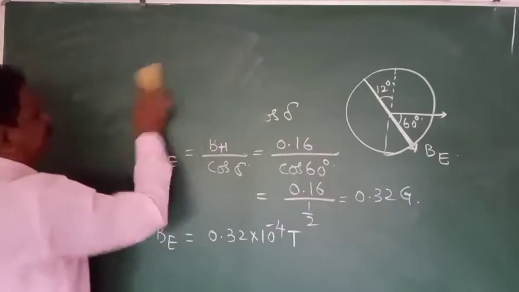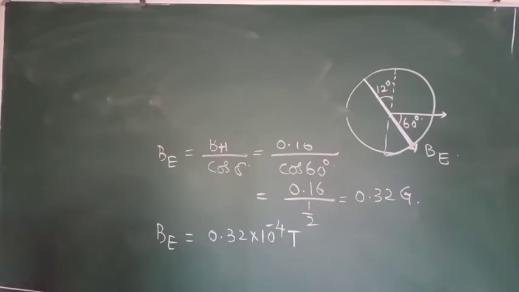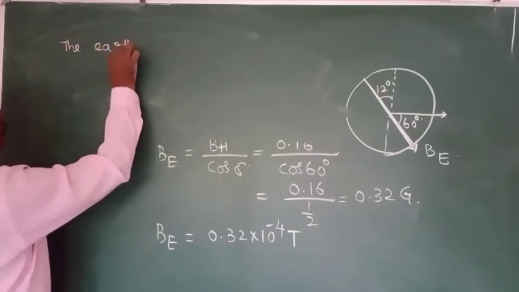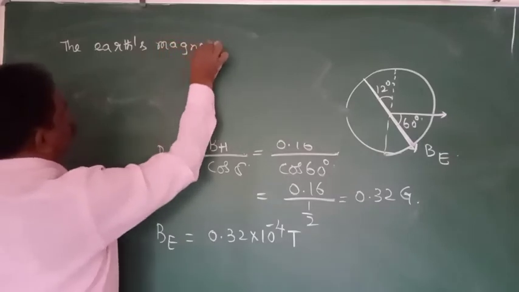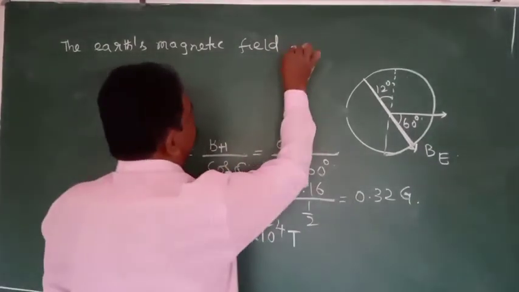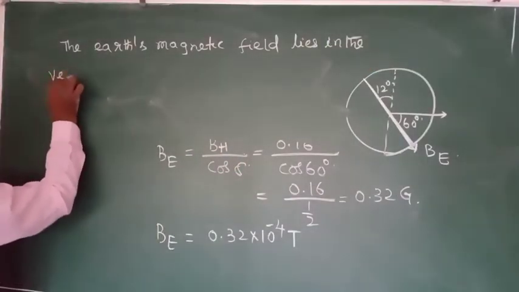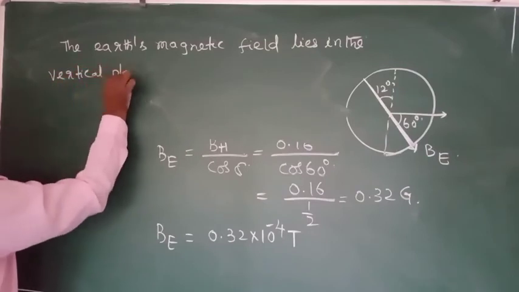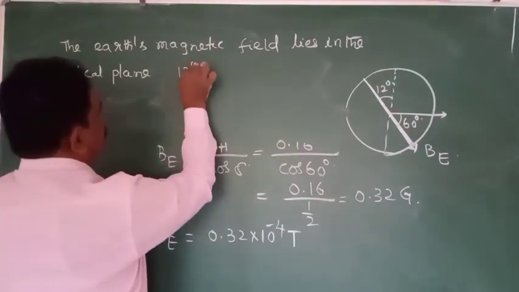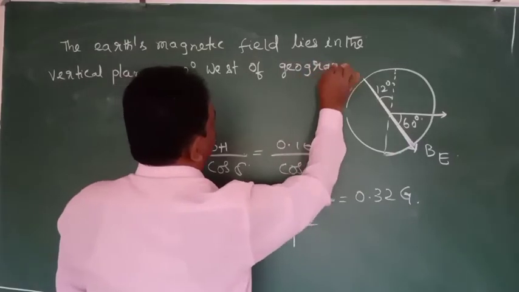So, write down the final concluding statement. What you have to write there is: the Earth's magnetic field lies in the vertical plane 12 degrees west of geographic north, making an angle of 60 degrees with horizontal.